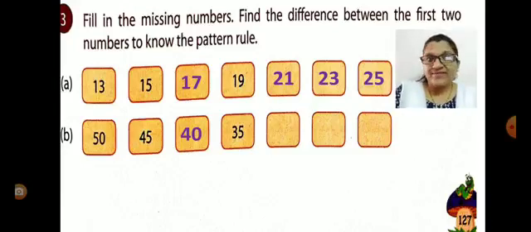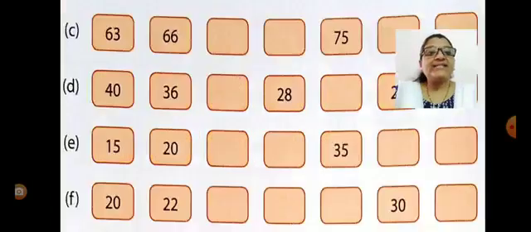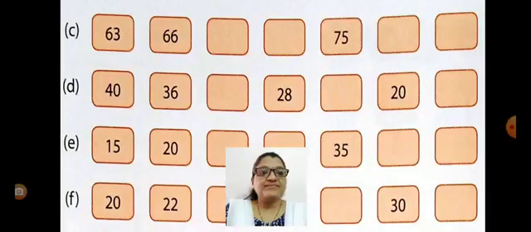It is already given. 35 minus 5 is 30. 30 minus 5, 25. 25 minus 5, 20. Yes. So here we have filled the missing numbers with the rule subtract 5. Let us see the next examples.